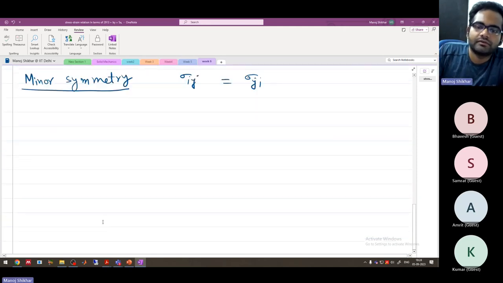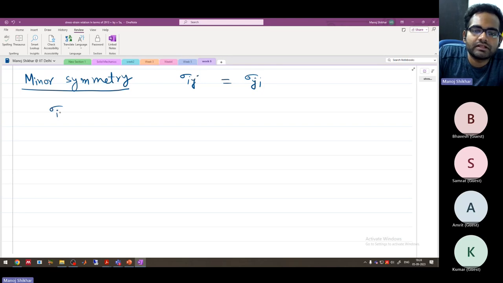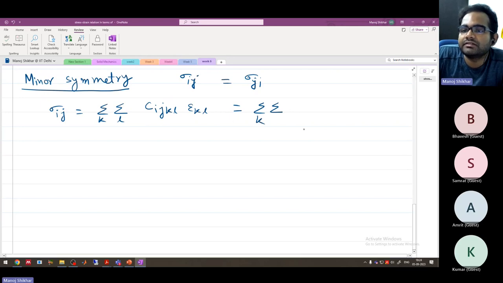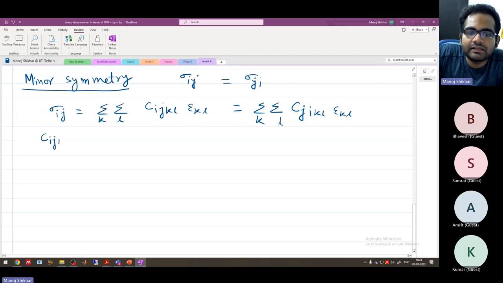Sir has already derived it in the class, so I will not go very deep. This is equal to sigma ji. So if I want to write sigma ji, then what will be the right hand side? It will be Cjikl epsilon kl. So from here, what do we get? We get Cijkl equal to Cjikl.